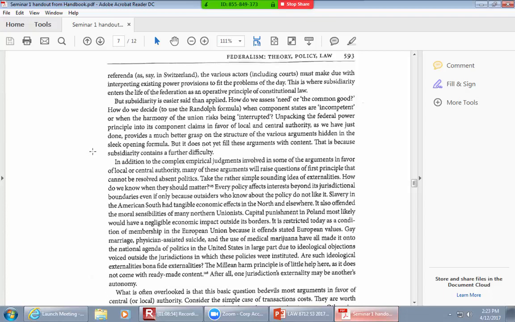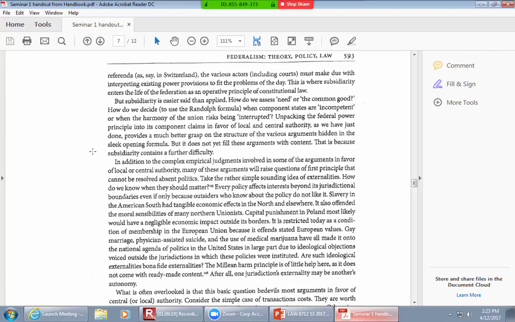And he talks about further difficulties, one of which, of course, is what Chris raised earlier in the seminar in relation to politics. So the authors say, many of these arguments will raise questions of first principle that cannot be resolved absent politics. Okay? And then they talk about the idea of externalities.